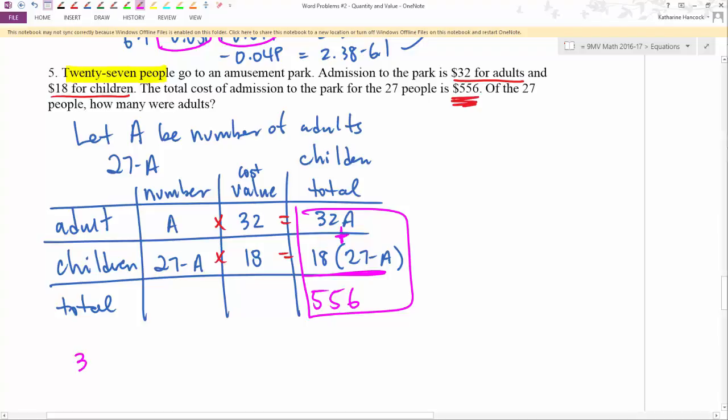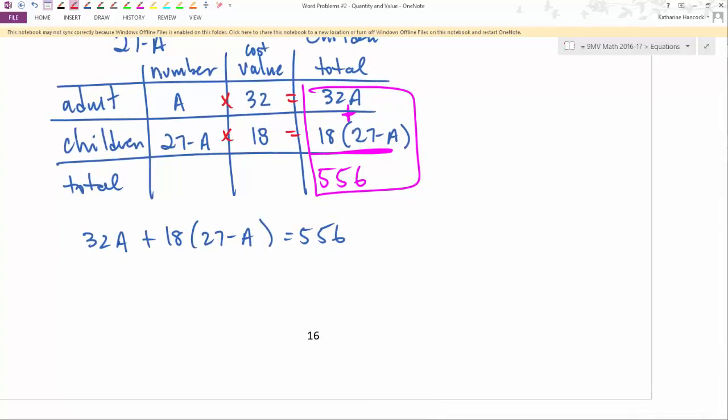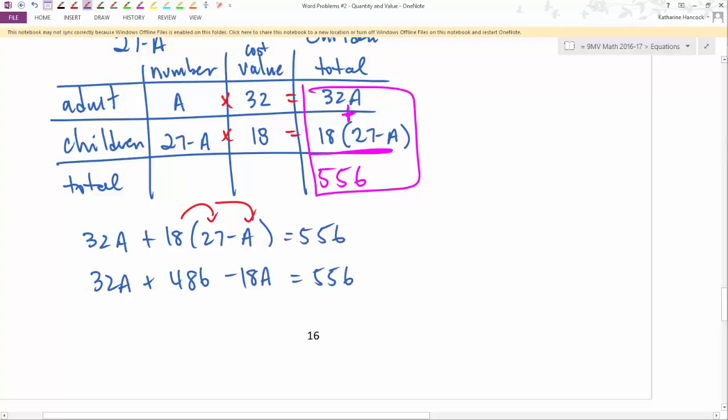So 32A plus 18 bracket 27 minus A equals 556. So we're going to distribute. 32A plus 18 times 27 is 486, minus 18A equals 556.